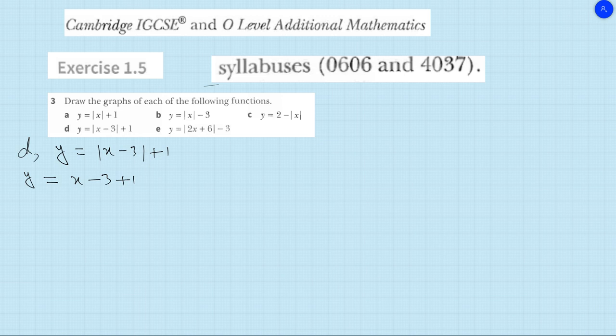Then first we have to simplify. x minus 3 plus 1 is x minus 2. Assign the name of the equation: equation number 1.